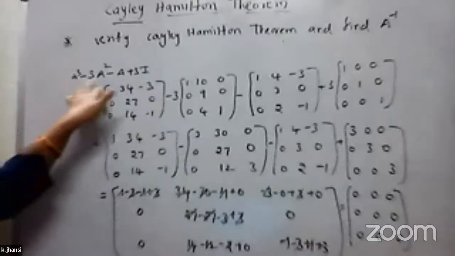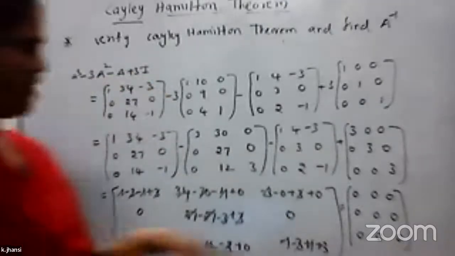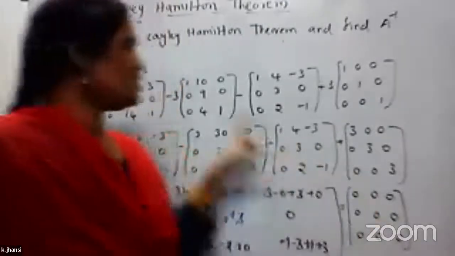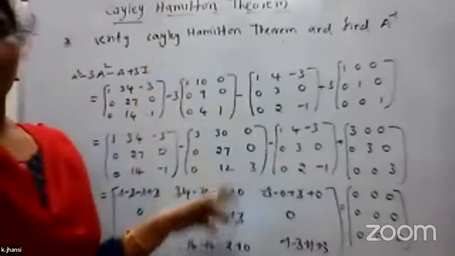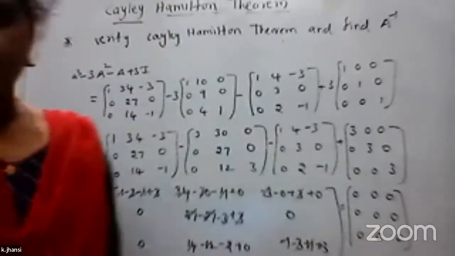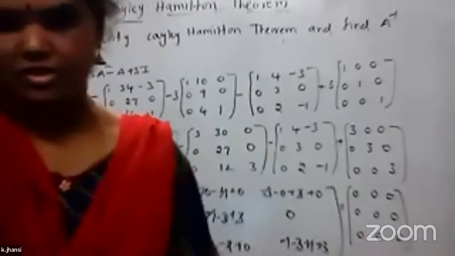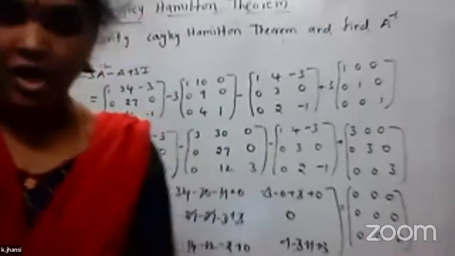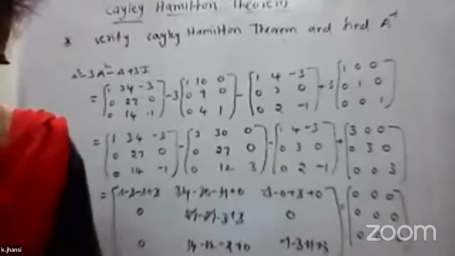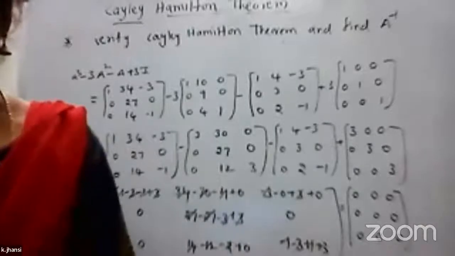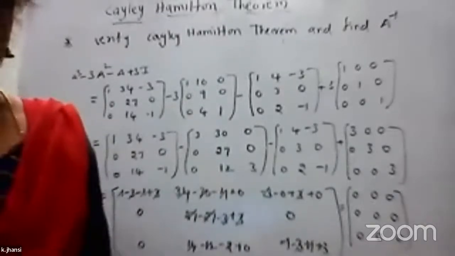So the characteristic equation, whatever it is, this value is equal to 0. So the square matrix A is satisfying its characteristic equation. So this is the first part. In some problems they will ask only this, that is, verify the Cayley-Hamilton theorem. So up till here it's enough.